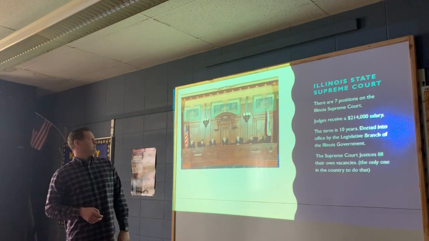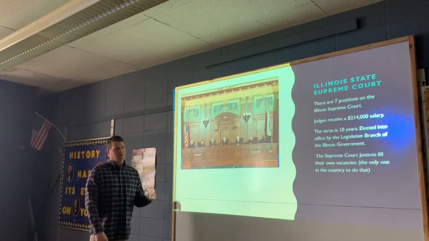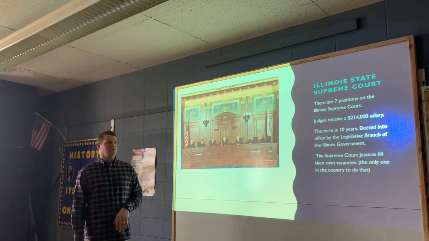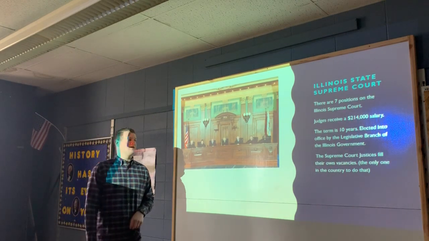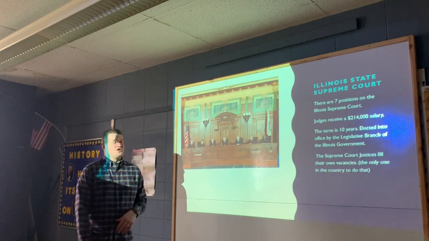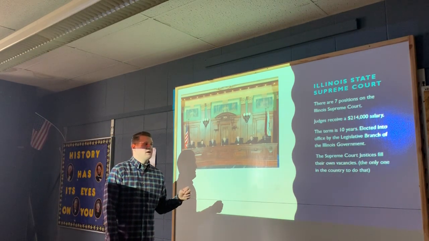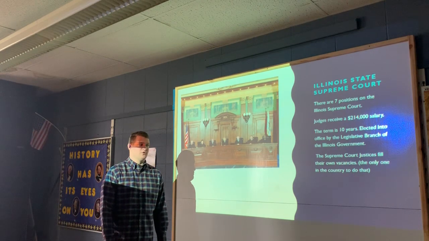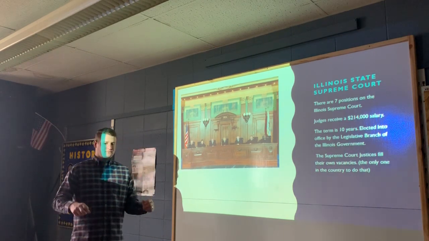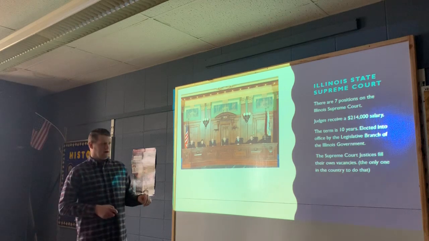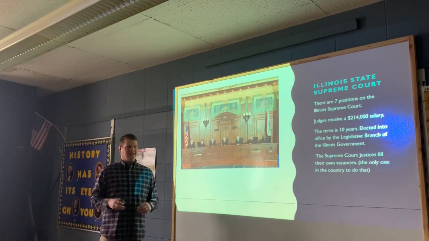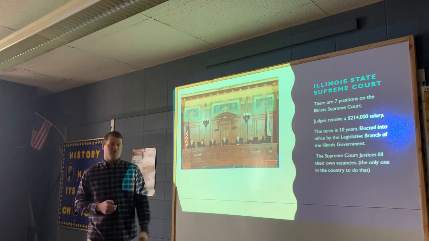Illinois State Supreme Court. So the Illinois Supreme Court, there are 7 positions. The judges receive $214,000 a year salary. Their term is also 10 years, and they are elected into office by the legislative branch of the Illinois government. Now, one interesting thing about how the Illinois Supreme Court works is that the Supreme Court justices fill their own vacancies.